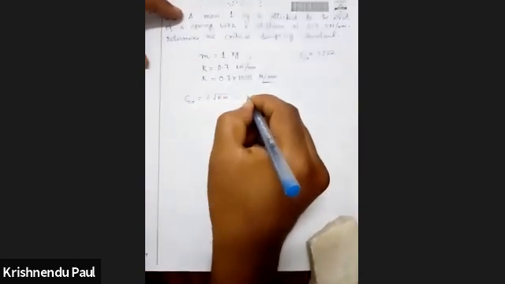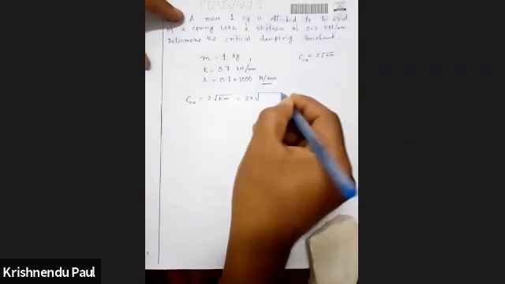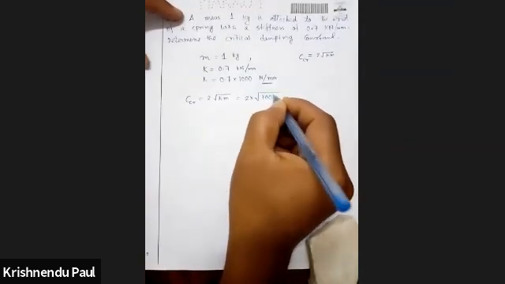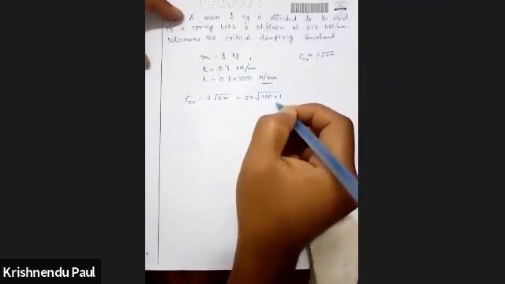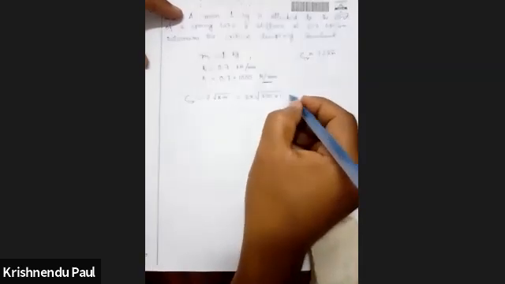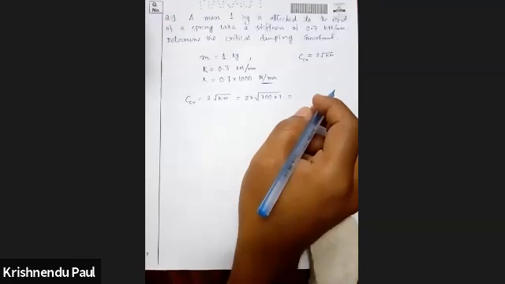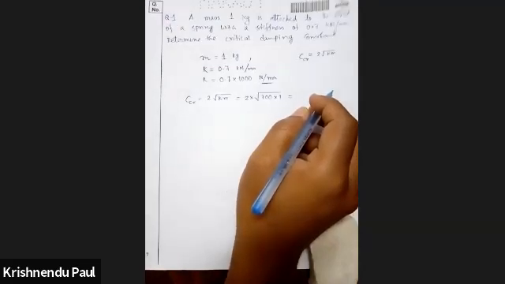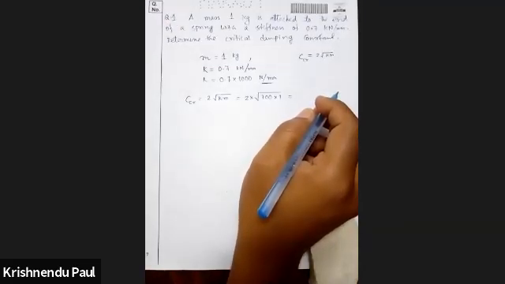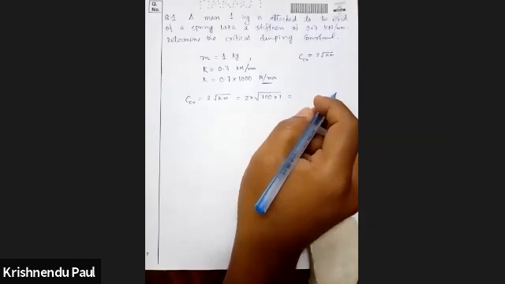So what will be the answer then? That's 700 into 1. How much is this? Sir, 52.9.